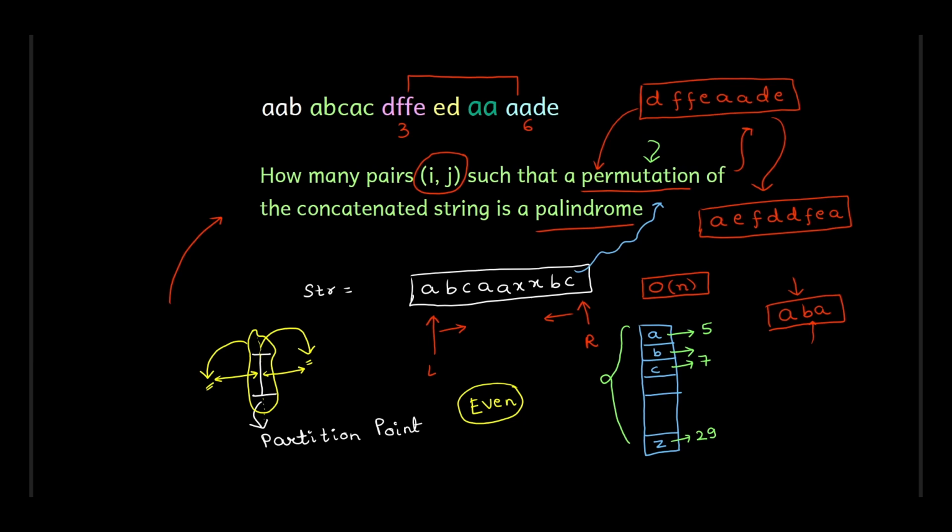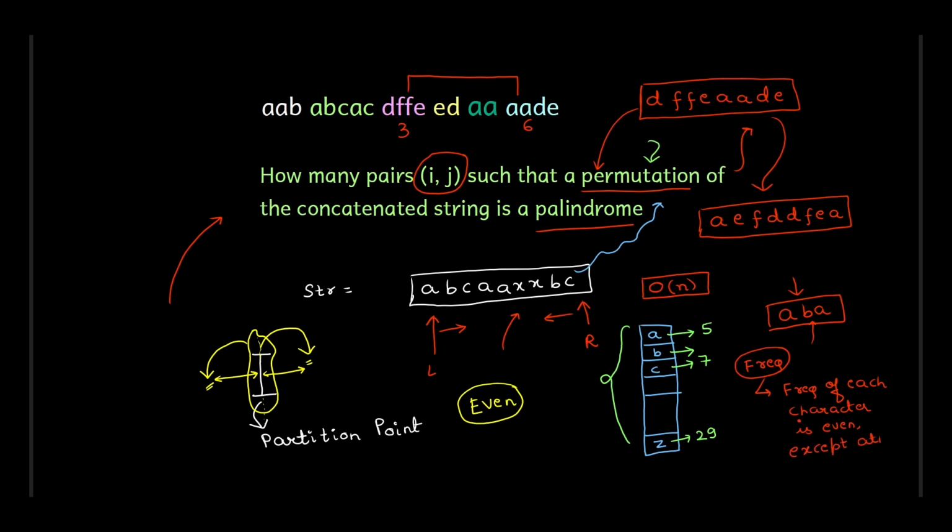So the answer to this problem is, for a given string, you create the frequency array, and the necessary condition is that the frequency of each character is even, except for at most one odd character.